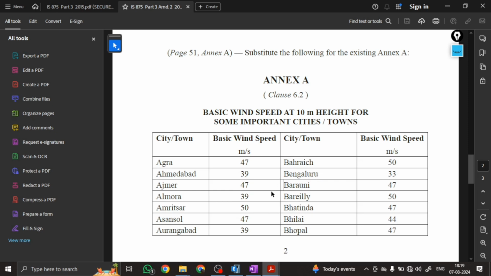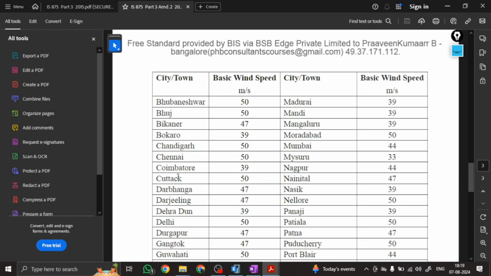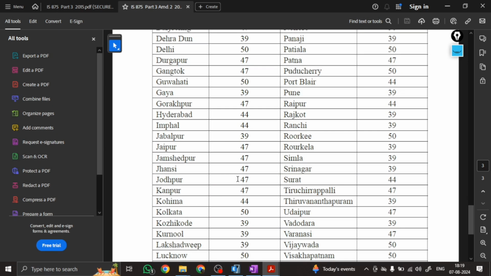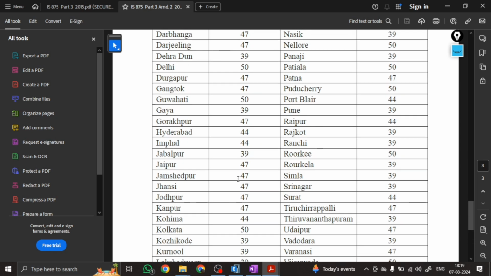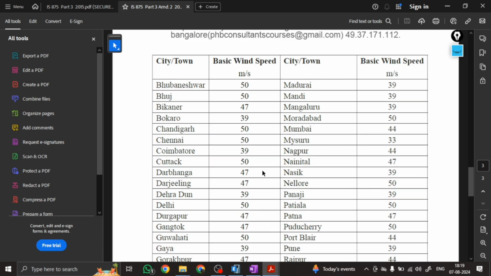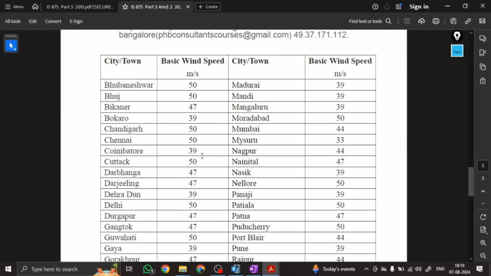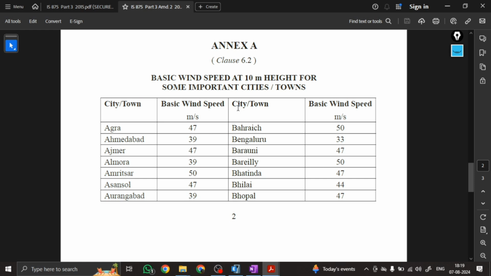See here in Annex A we have some other cities also. If you have any cities missing in the older version of IS 875, you can use this amendment.